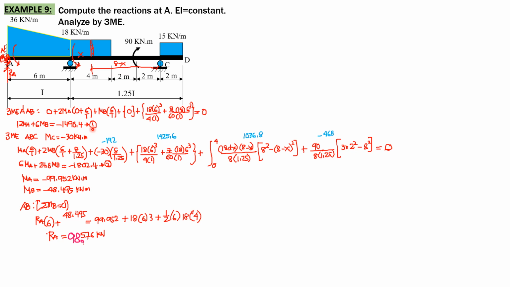Then we apply three moment equations on A, B, C. And we note that the moment at C is negative 15 times 2 times 1. So it is negative 30 kilonewton meter.